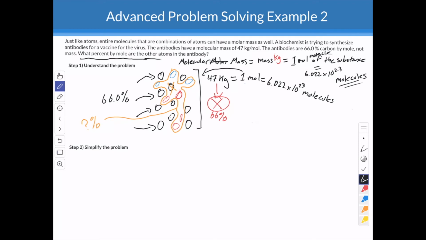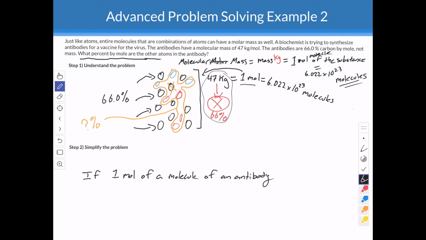So, let's see if we can simplify this into words. If 1 mole of a molecule of an antibody, because we care about the mole part, right? It's like it's saying way more information than we need, right? Because we don't care about the mass.